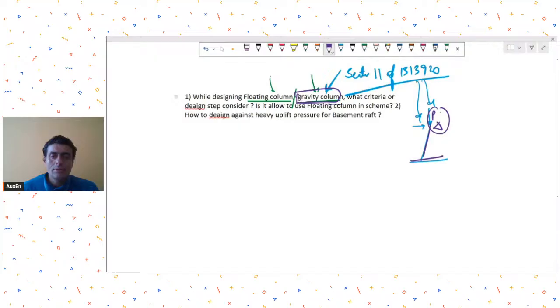In gravity columns, the biggest challenge is that your columns in the structure should not take moments and they should not even take any effect of lateral loads. So the challenge of gravity column is not the design of gravity column as such, but to ensure that gravity columns do not take any effect of earthquake loads. Now that cannot be moment, that cannot be any axial tension compression couple also.